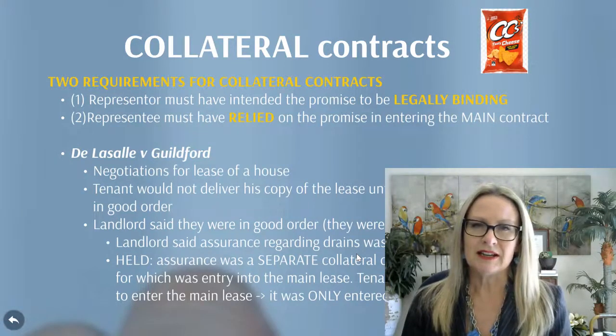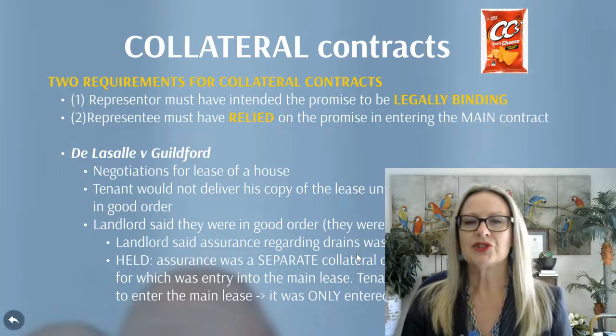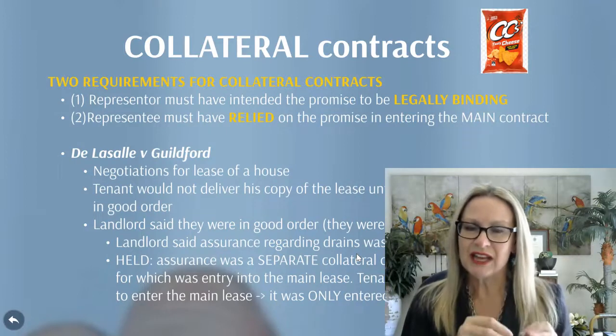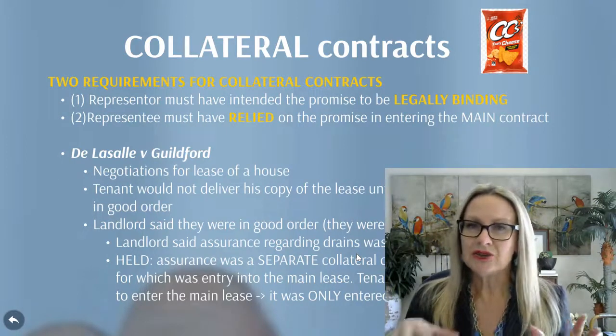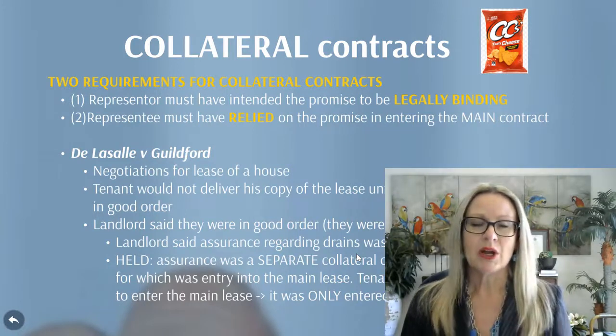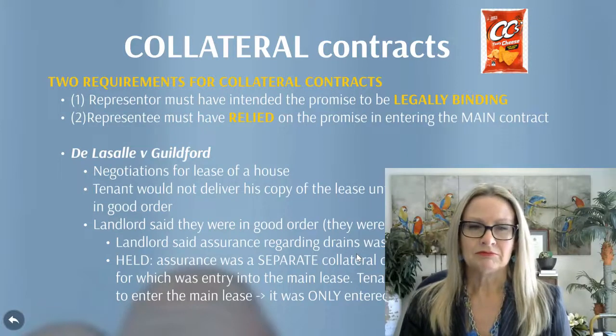So the trick to avoiding the parole evidence rule is to show that the parties actually intended this other stuff that's floating out there around the edges of the written contract to be contractually binding as well. So obviously there's your first requirement.